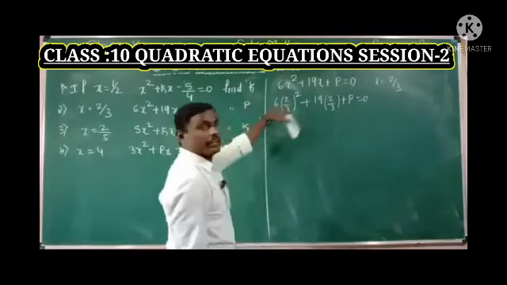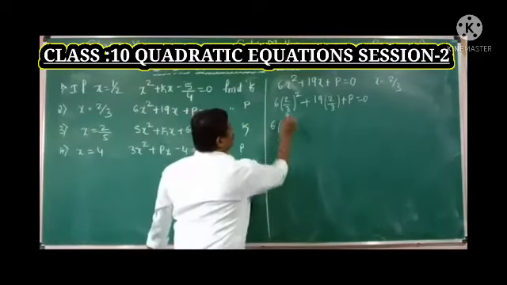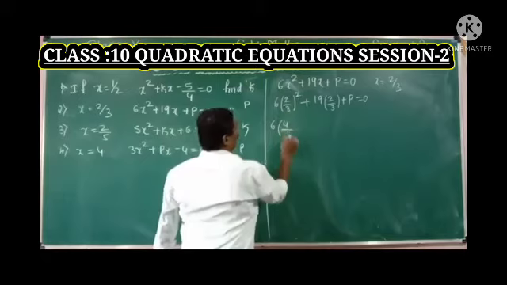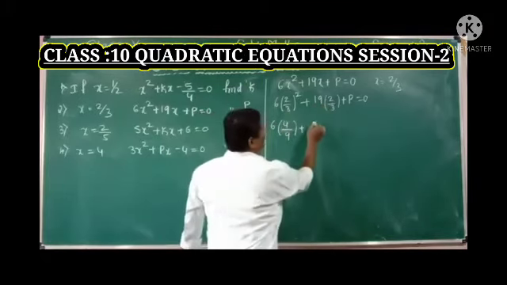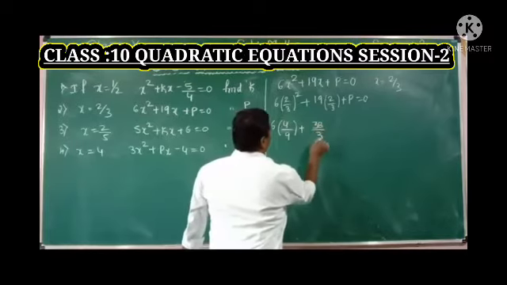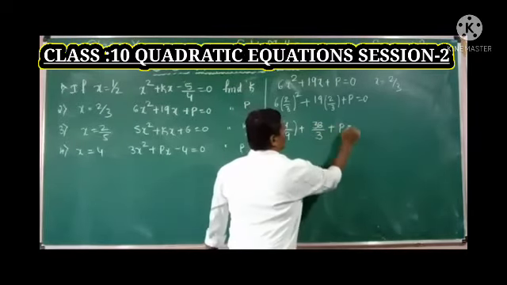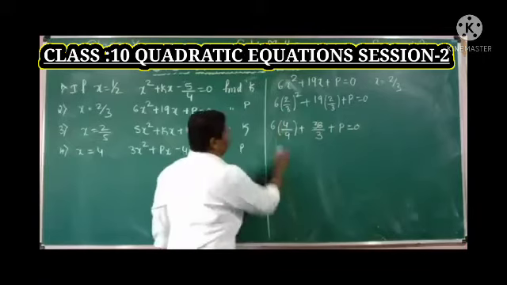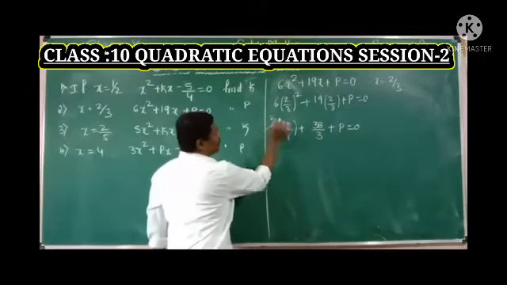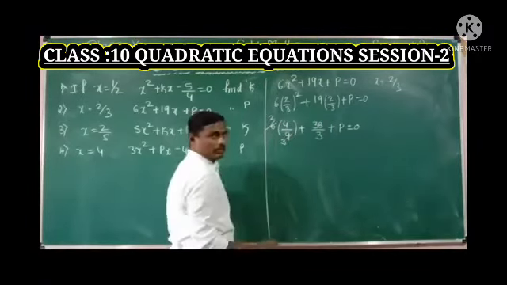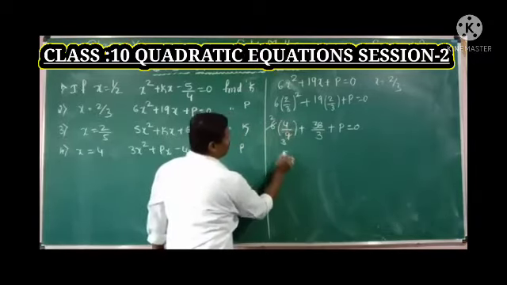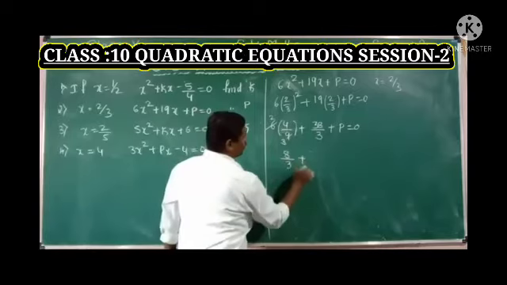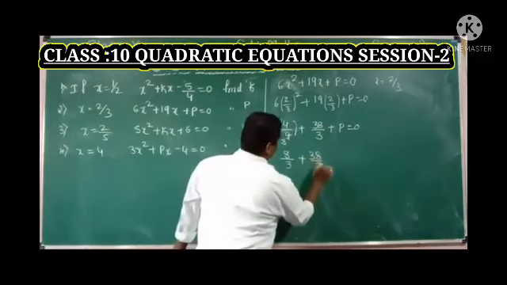First simplify the x square term. 6 into 2 square is 4, 3 square is 9, plus 19 2s are 38 divided by 3 plus p is equal to 0. So 2 4s are 8 by 3 plus 38 by 3.